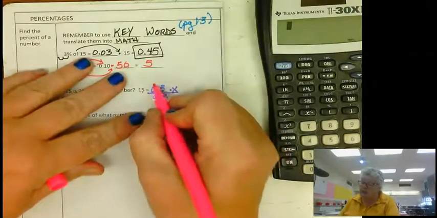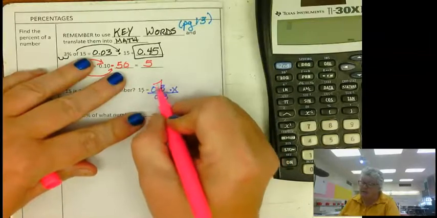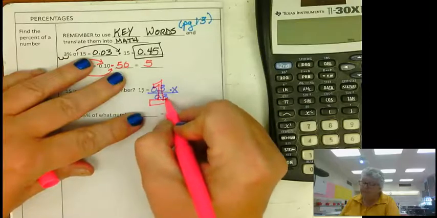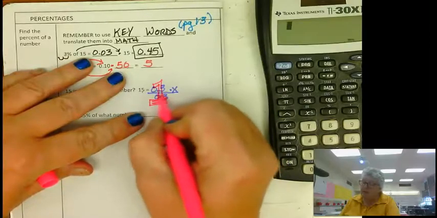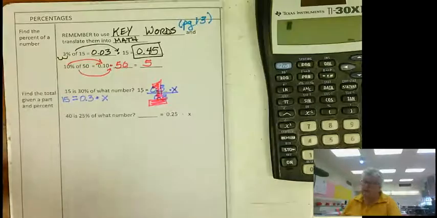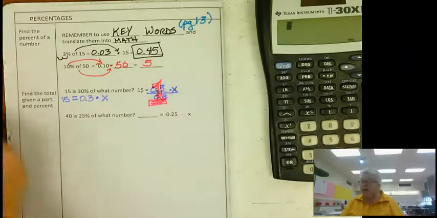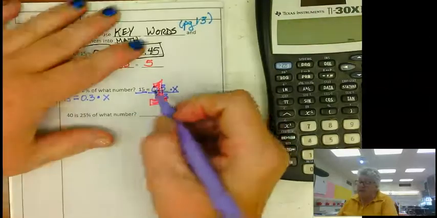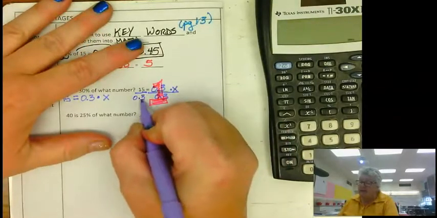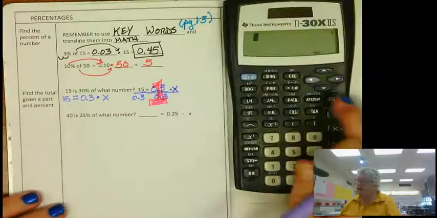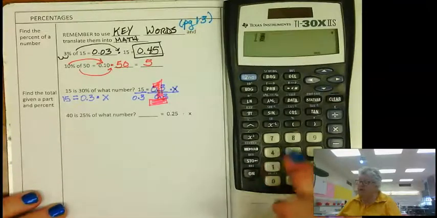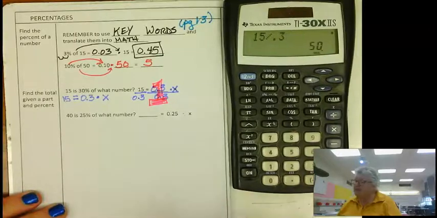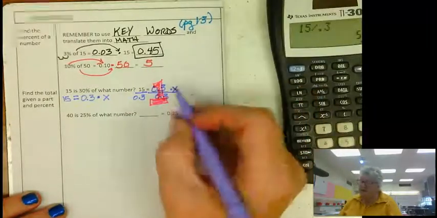So I'm going to change this to a big giant 1. And 1 times x is just x. But I have to do the same thing over here. So I'm going to divide by 3/10 over here. And, of course, we do 15 divided by 3/10. So the answer is 50.